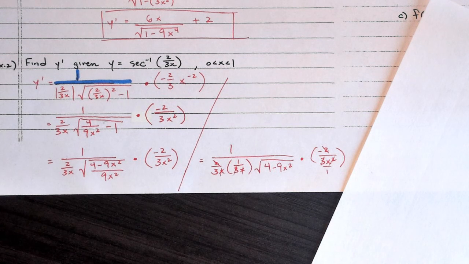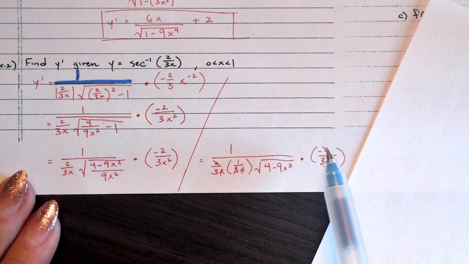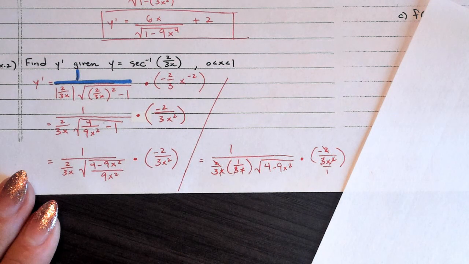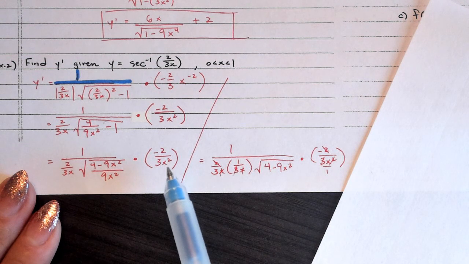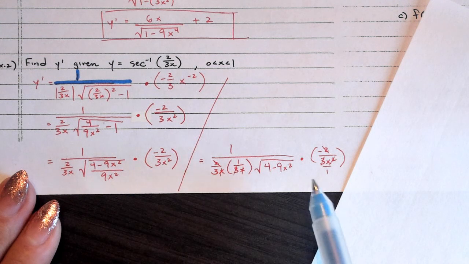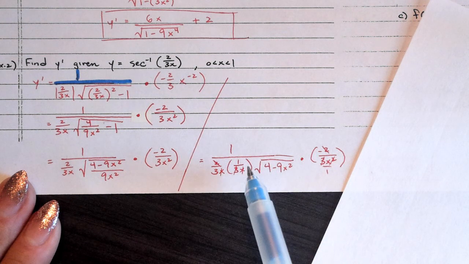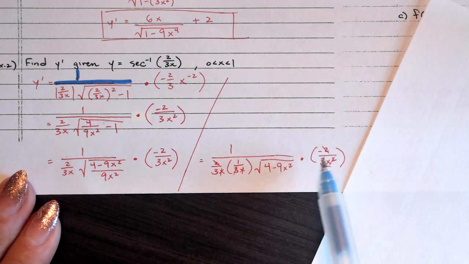Okay, so what are all the crosses? You can probably figure out the crosses. So there's a 2 divided by 2. I divided those away. This is technically negative 2 times 1. And this is a 3x squared as a denominator. So really, this is 3x squared over 1 as a denominator, because this denominator has fractions, so I'm making this denominator have a fraction.